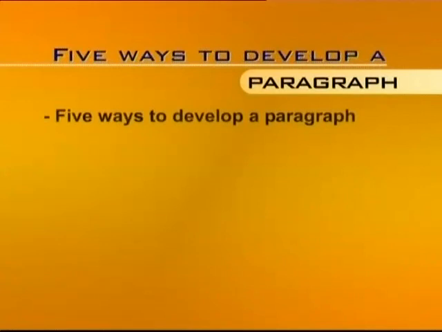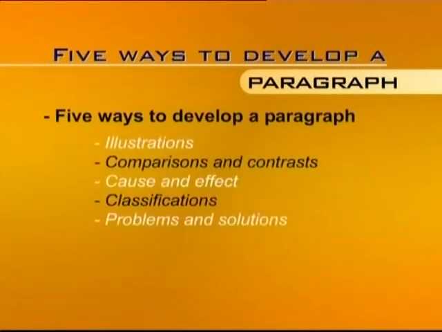There are 5 ways to develop a coherent paragraph. You could develop a paragraph by the pattern of illustration, in which you are illustrating something, expanding something. You could develop it by comparison and contrast, in which you are comparing or contrasting two or more things with each other. Or cause and effect, where you're showing that one thing caused another or one thing was caused by another.